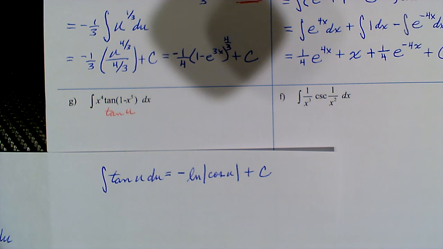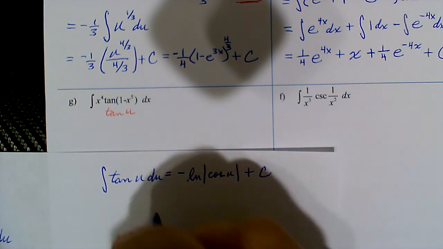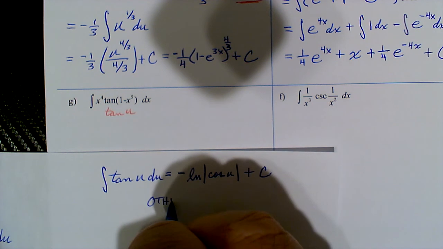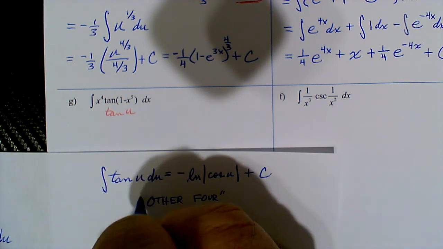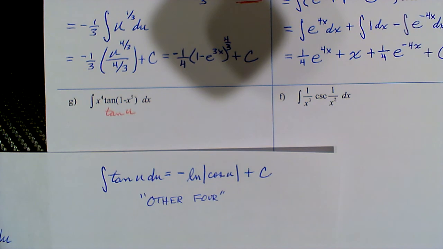You have to know all the other formulas, but for this particular formula, what I call the other four, recall, integrals of tangents, cotangents, secants, or cosecants, I will provide you with those formulas.